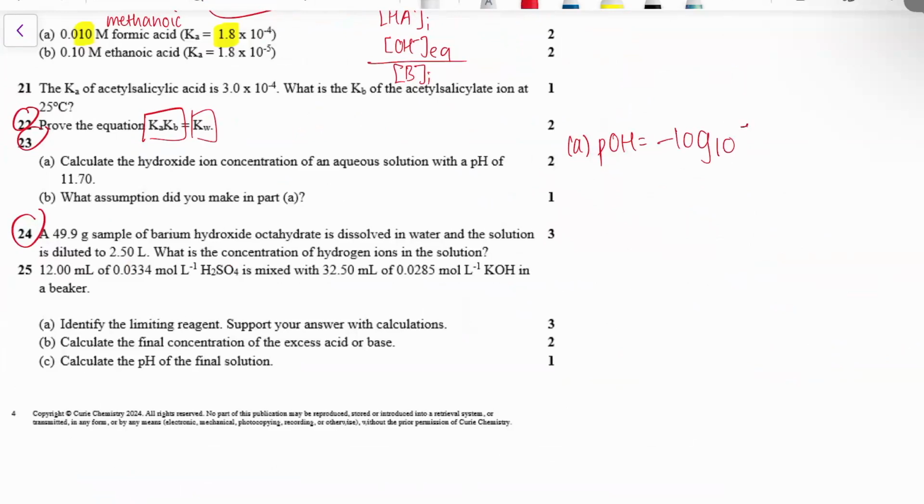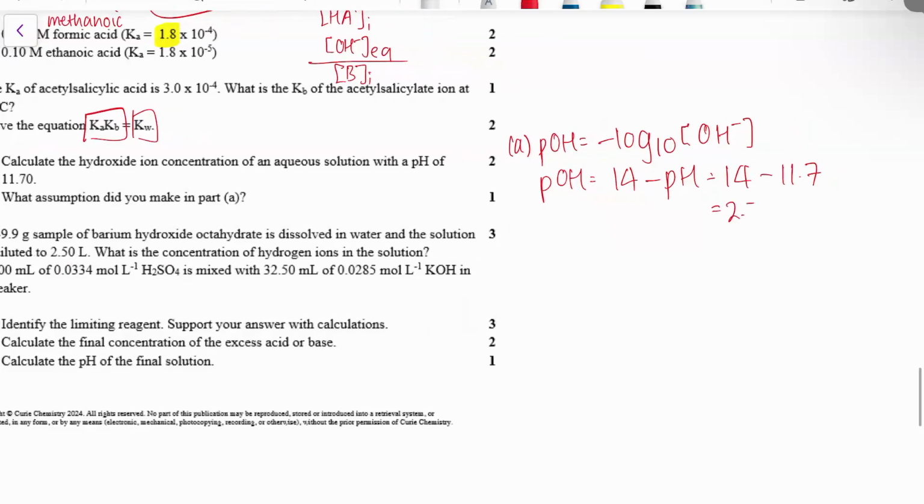Where am I going to put my pH in? pOH is equal to 14 minus pH, which is 14 minus 11.7, which gives me 2.3. Then I can sub that back into the equation up here.